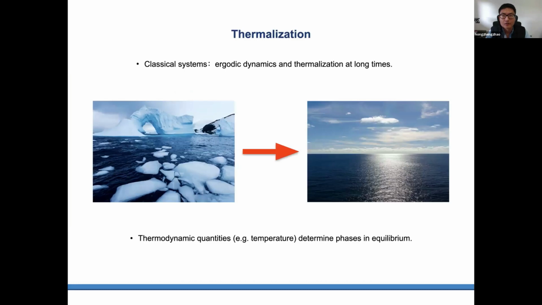So, thermalization. It is quite a common phenomenon in our daily life. If you think about classical systems, most of the equations of motion are ergodic and also nonlinear, and at long times those classical many-body systems tend to thermalize.